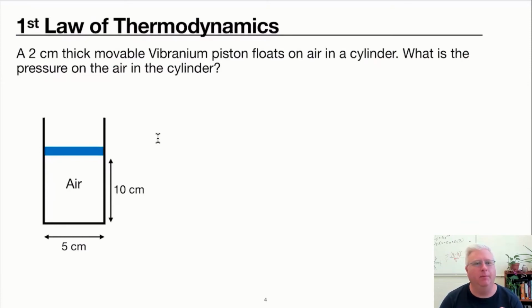Some of you know what vibranium is. It floats on air in a cylinder. So we have a cylinder with air, and the piston is made of this made-up vibranium. What is the pressure on the air in the cylinder?